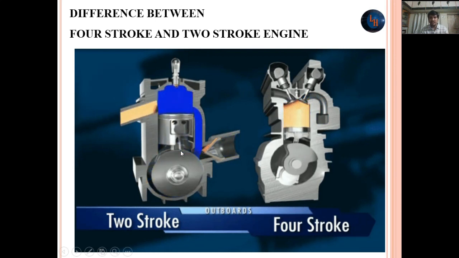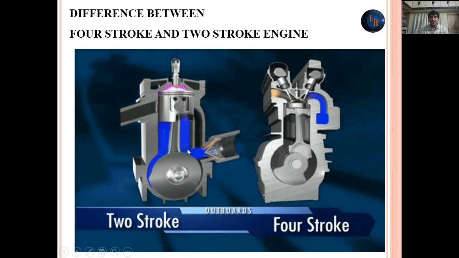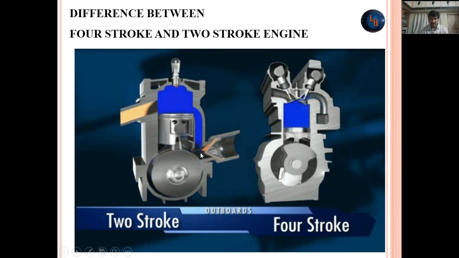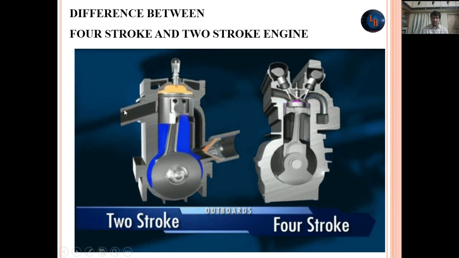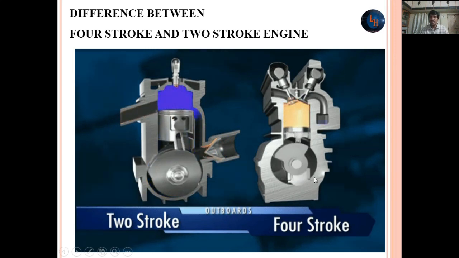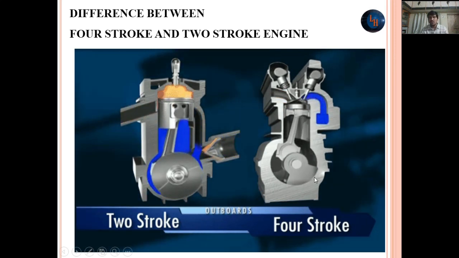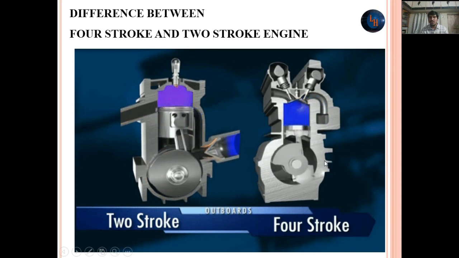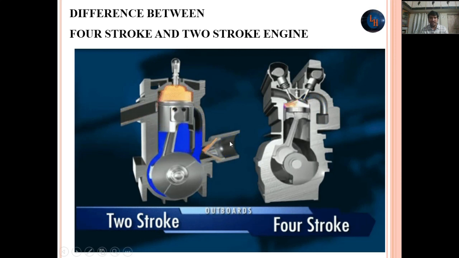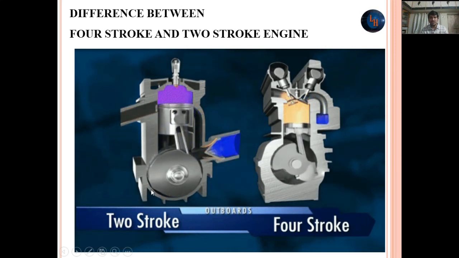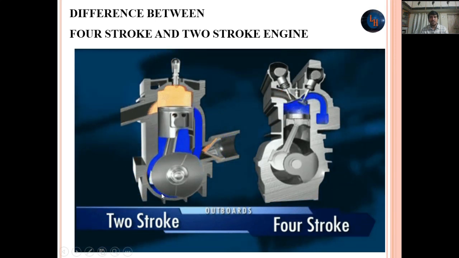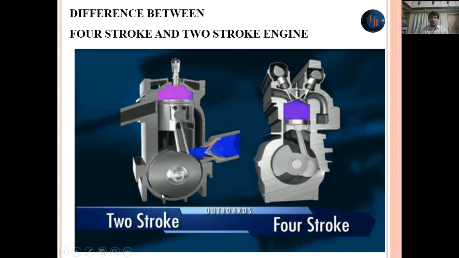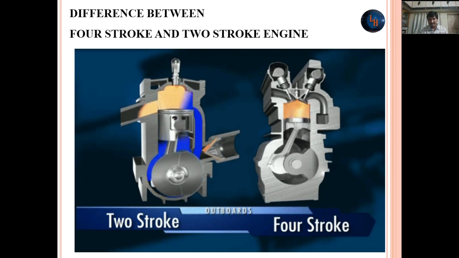In the two-stroke engine, valves are replaced by ports, that means inlet port, transfer port and exhaust port. In the four-stroke petrol engine, 2 complete revolutions are required for 1 complete cycle. In the two-stroke engine, 1 complete revolution is required for 1 complete cycle.